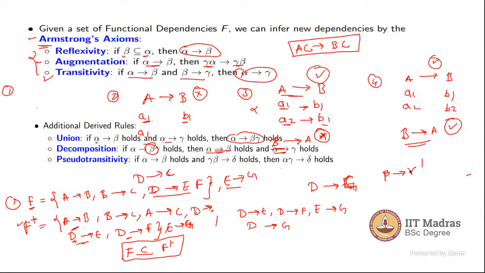But if it is simply beta determines gamma, then we are already saying alpha determines beta, the premise of the union statement. If alpha determines beta is true, and there is another one which says beta determines gamma, then clearly alpha determines gamma also holds because of the transitivity rule, right?